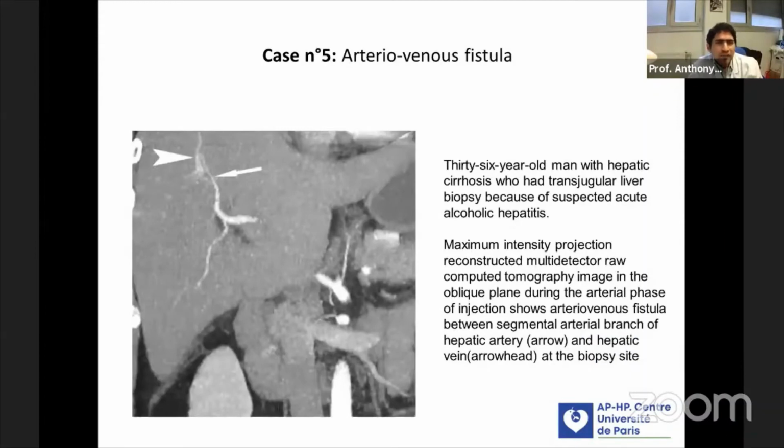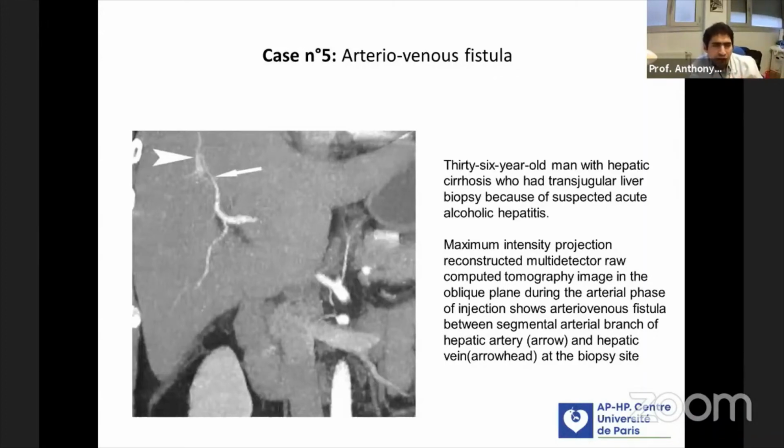Another complication that you can see after percutaneous or transjugular liver biopsy is an arterial injury that will heal as an arteriovenous fistula. As you puncture through the vein and you touch the artery, you can have an arteriovenous fistula that will remain.